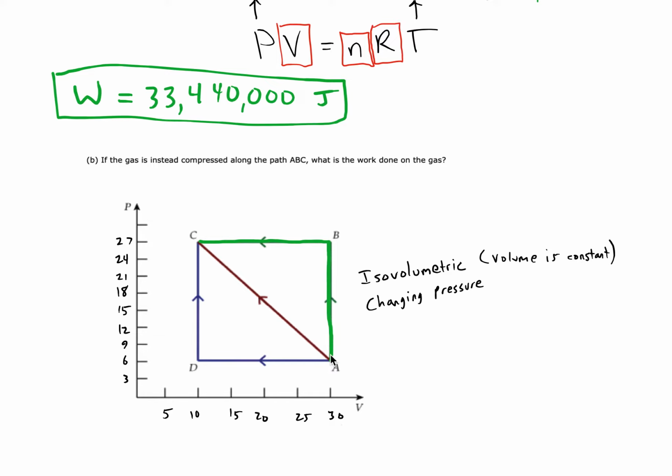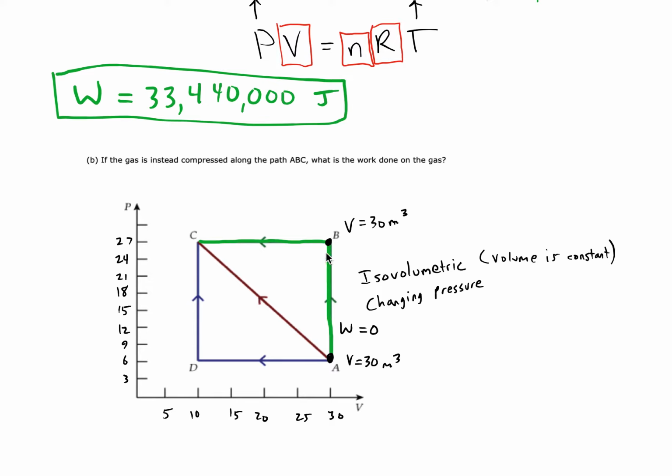We can see that the volume is 30 at the start, and the volume is still 30 at the end. So both of these have a V of 30 meters cubed. So when you don't change your volume, you would have no work done.